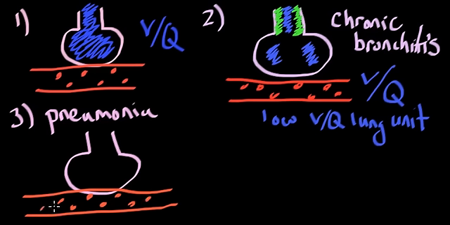Blood's moving nicely by the lung unit. However, because of your small pneumonia, you have some fluid filling up the alveolar space, filling up the airspace. So in this individual, you have patent airways, but your air spaces are not clear.